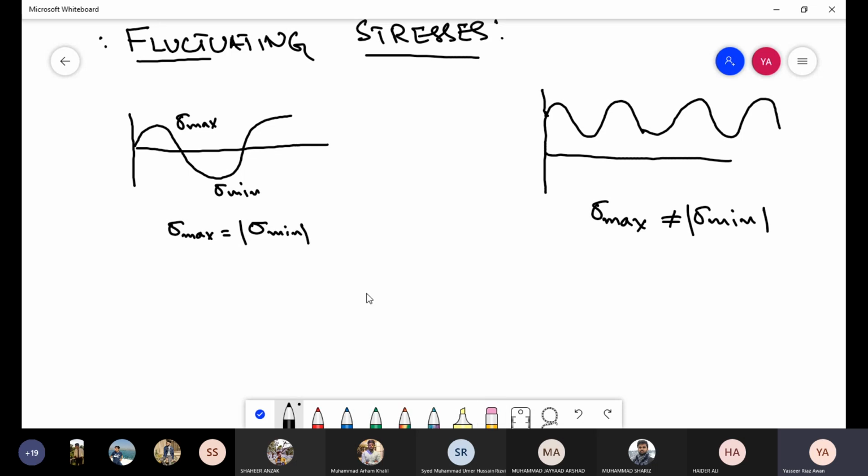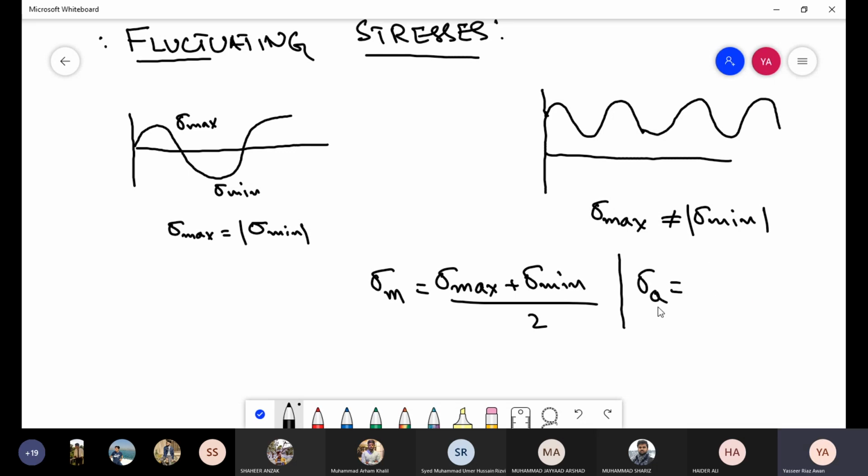We characterize fluctuating stresses by two main terms. That is sigma m, the mean or mid-range stress, that is sigma max plus sigma min divided by 2. And the other term is sigma a, called the alternating stress, that is sigma max minus sigma min divided by 2.